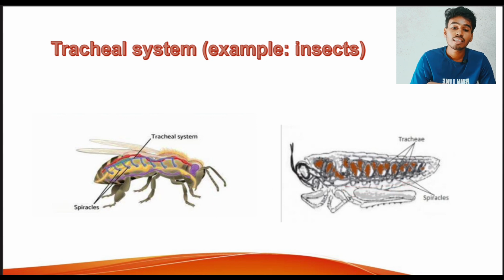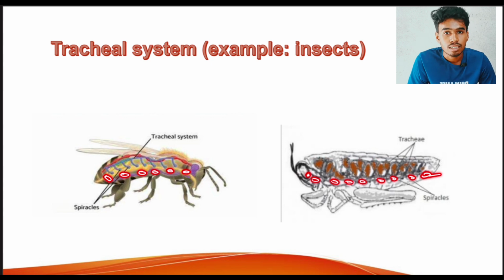In these insects also there are specialized structures in the body, not the nose, not in the head. They are present throughout the body, like this, here also. And these are called spiracles. The small openings present throughout the body are called spiracles, and through the spiracles they exchange gases. Spiracles are nothing but small holes.